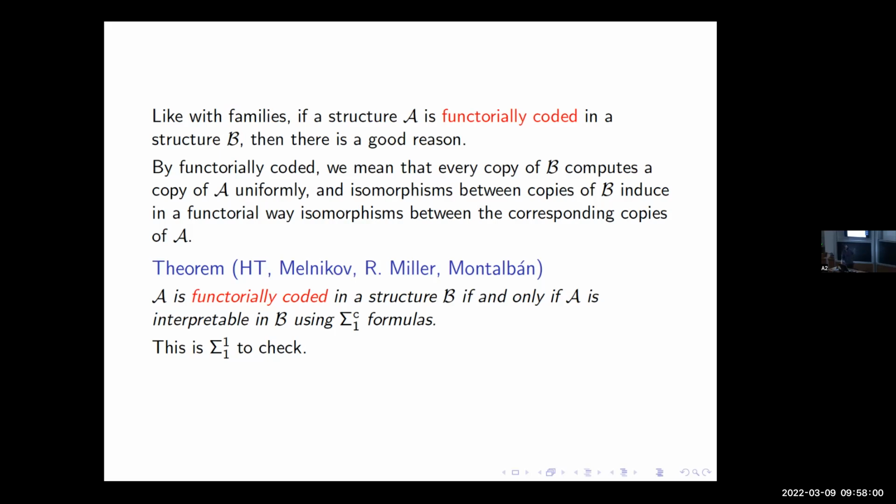And how hard is it to check this? What's the complexity of the pairs A and B, where A is functorially coded in B? It's Sigma^1_1 now, so that's definitely simpler. We don't know what complexity the arbitrary case is, but this is definitely simpler than that was. So again, if things are coded in some nice way where there's some kind of dynamic niceness, then the characterization is a better one.